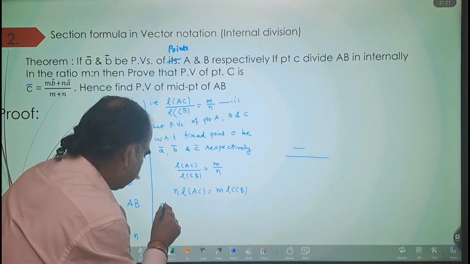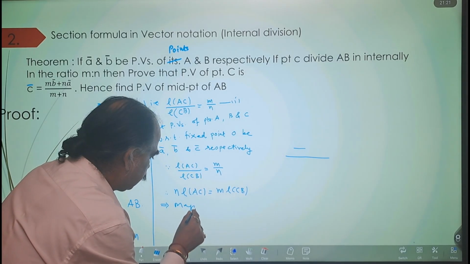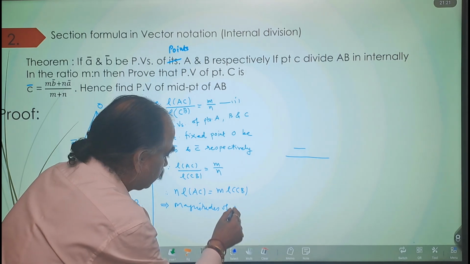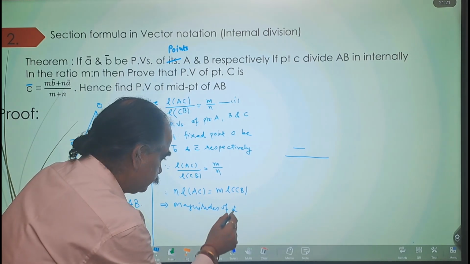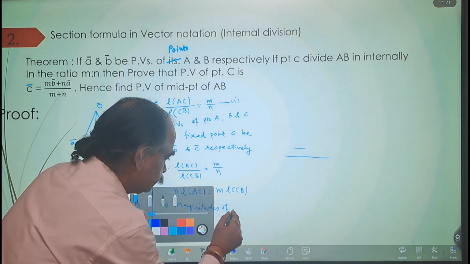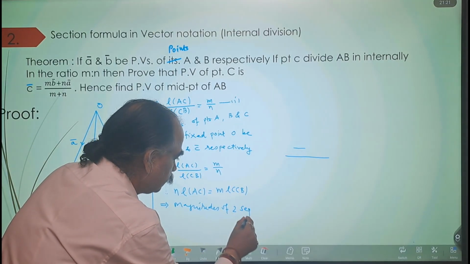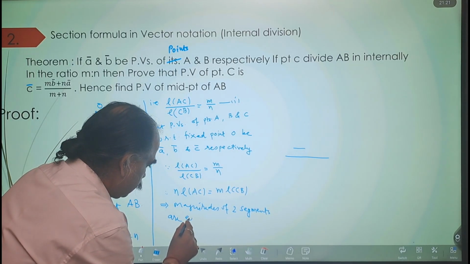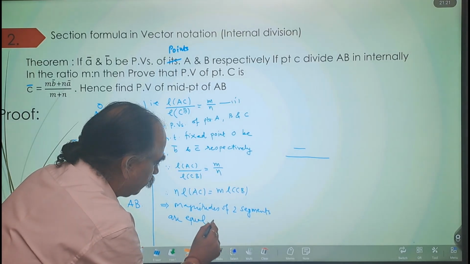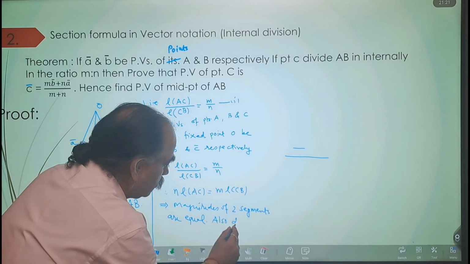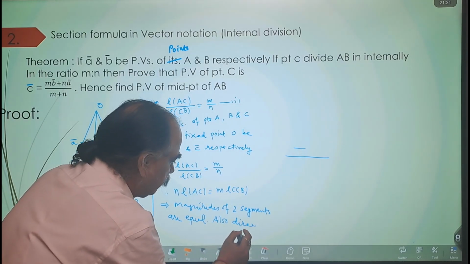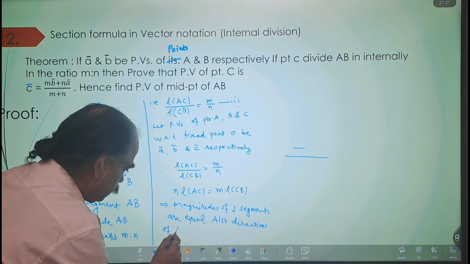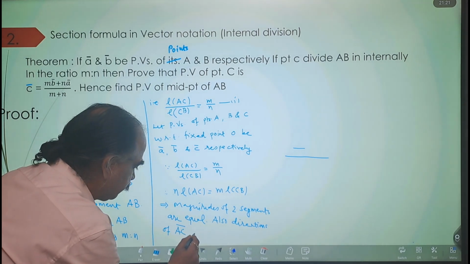This implies magnitudes of two segments are equal. Also, directions of AC bar and CB bar are same.